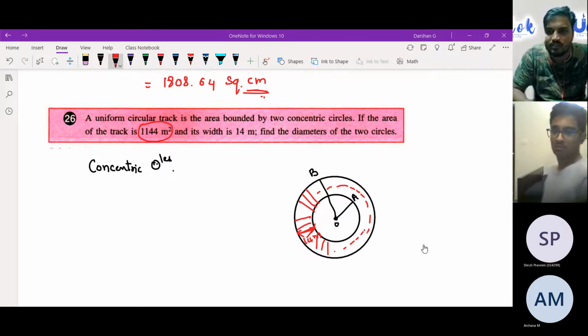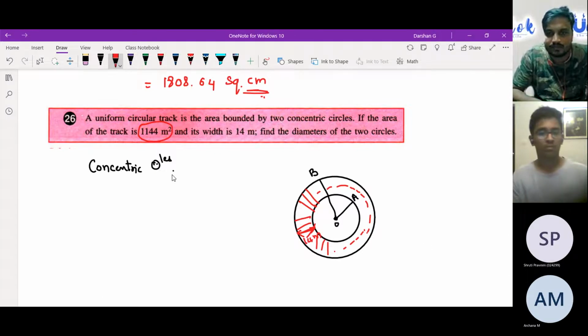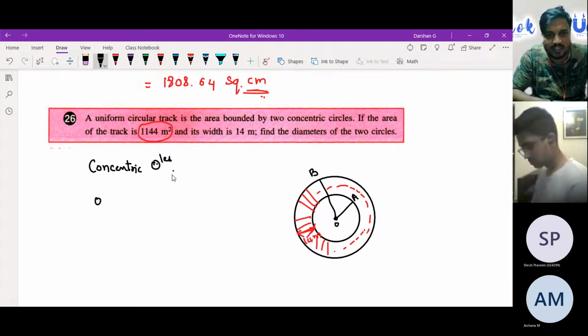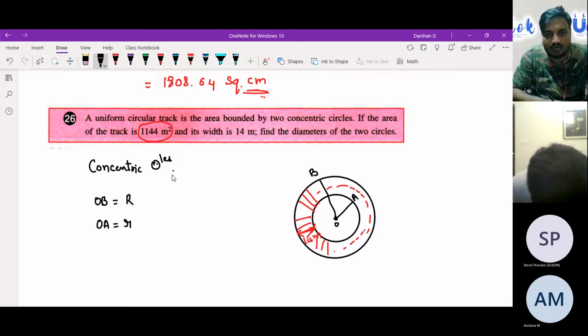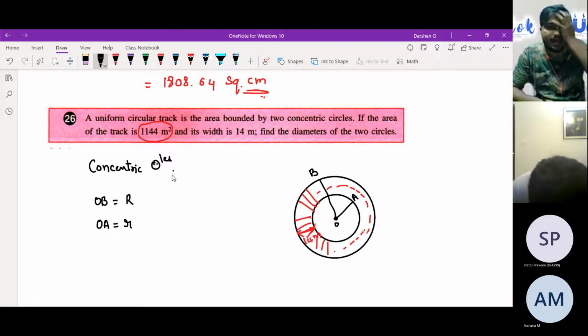Can you both try doing this, Shruti and Manomai? I'll do it after 2 minutes. You can start doing this. So we can consider OB, the bigger radius, as capital R, and OA, the smaller radius, as small r.